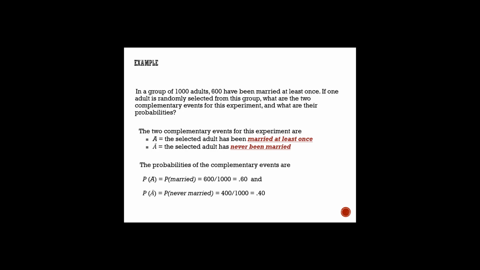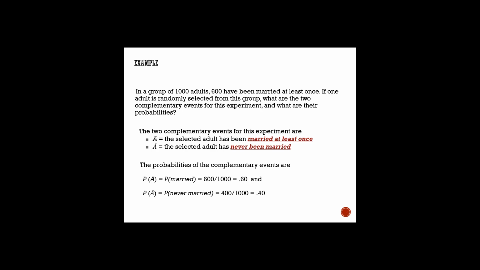So the probabilities of those would be going back to the numbers that we surveyed. In a group of 1,000 adults, 600 have been married at least once. That's a probability. In other words, 600 out of the 1,000 are in event A, they have been married at least once. So 0.6, or 60%, have been married at least once. What's the complement?